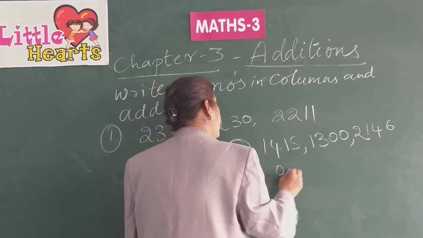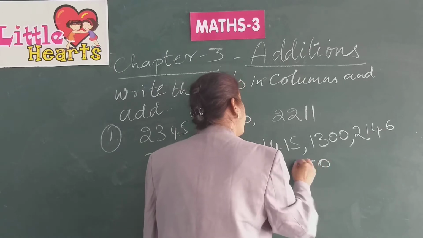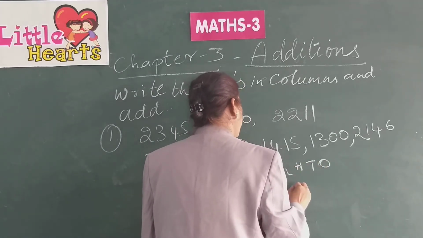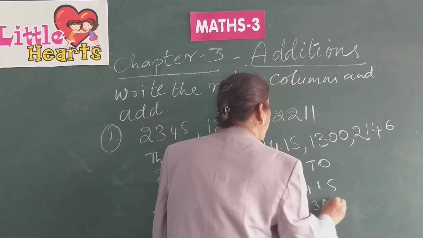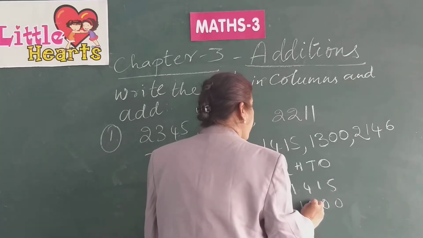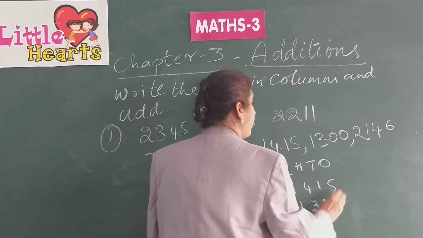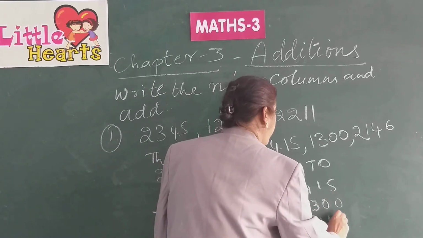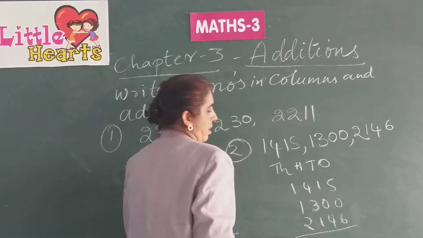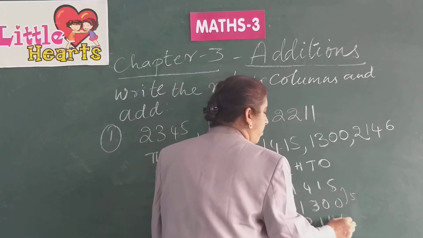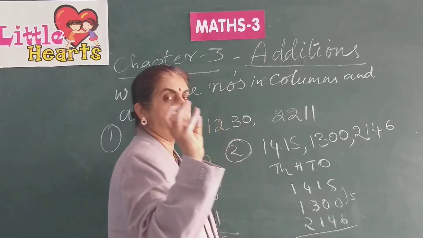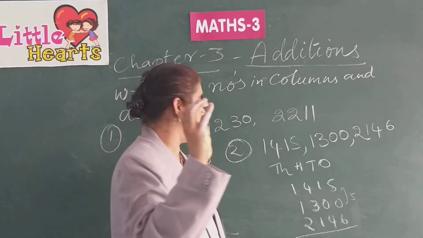So again, ones, tens, hundreds, thousands. 1,415, 1,300, 2,146. 5 plus 0, 5. And 5 plus 6, 7, 8, 9, 10, 11.